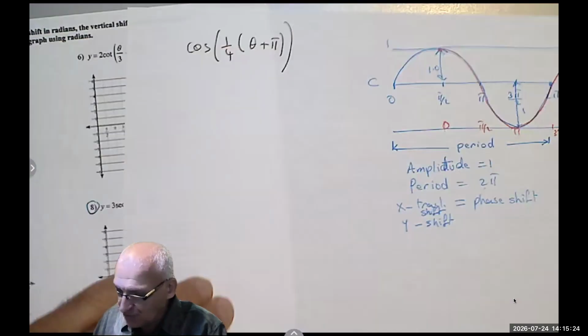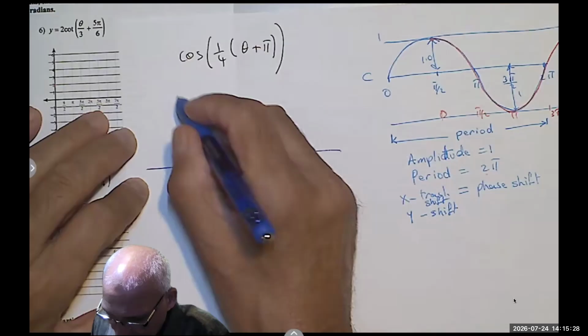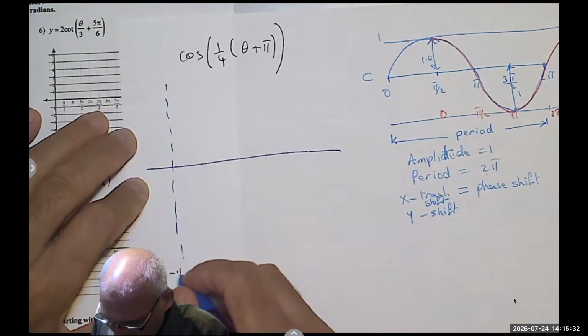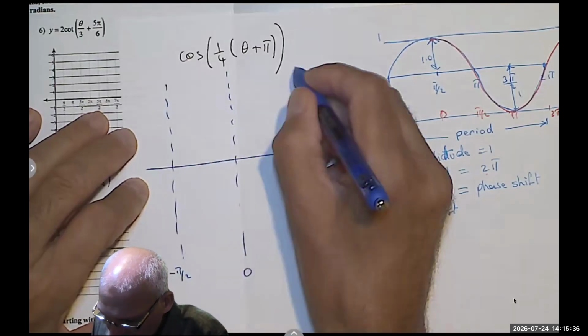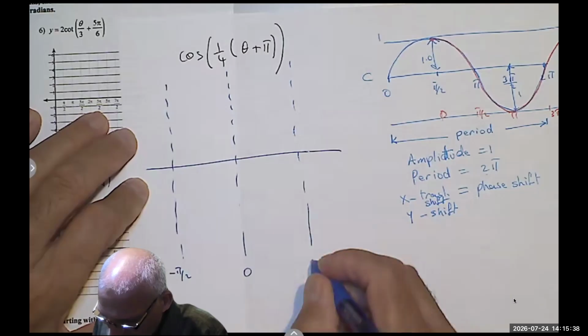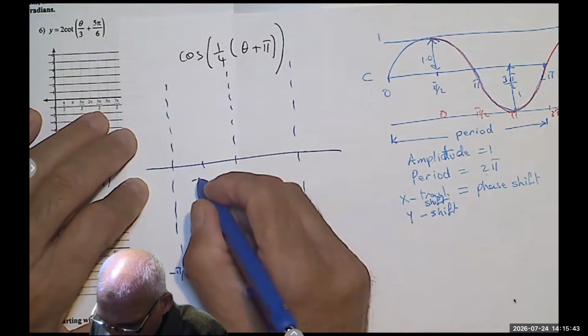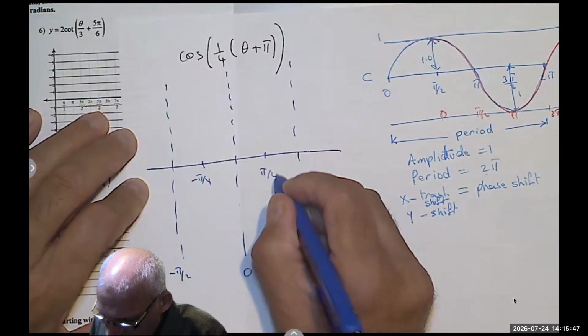If we want to draw the tan function, remember the tan: negative pi over 2, 0, pi over 2, and this is negative pi over 4, and pi over 4.